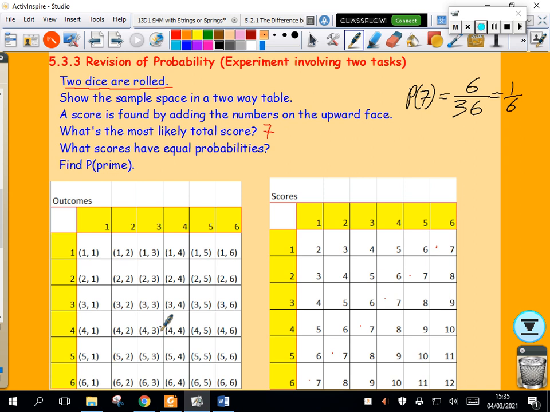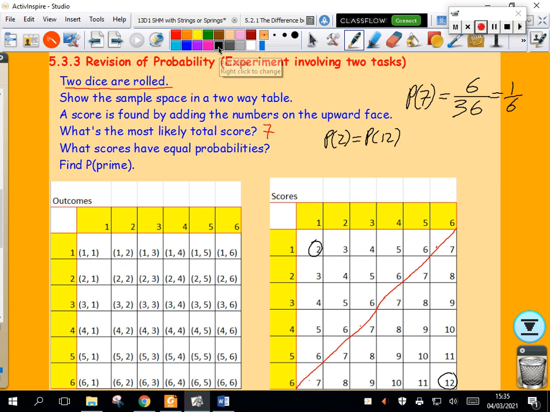What scores have equal probabilities? Well, the probability of rolling a 2 will be the same as the probability of rolling a 12, because there's only one way to do each of those. And you can see a kind of symmetry here. If I draw a kind of diagonal line up from this corner, there is a kind of symmetry here. 6 can be achieved in 5 ways. 8 can be achieved in 5 ways. 5 can be achieved in 4 ways, as can 9. 3 can be achieved in 2 ways.